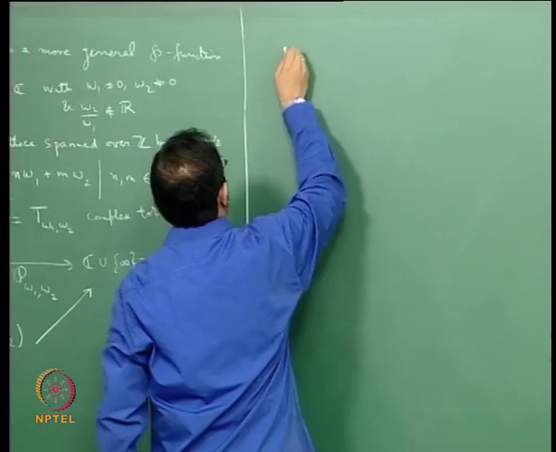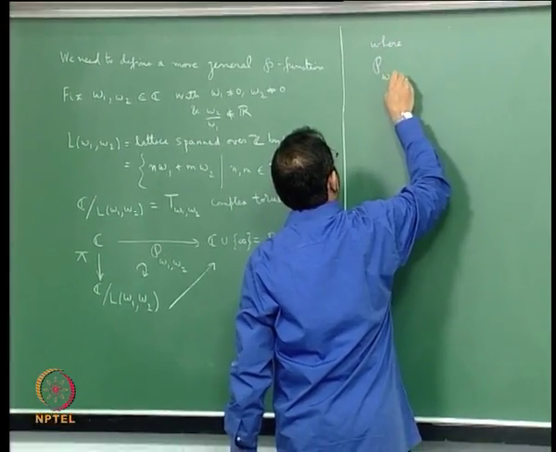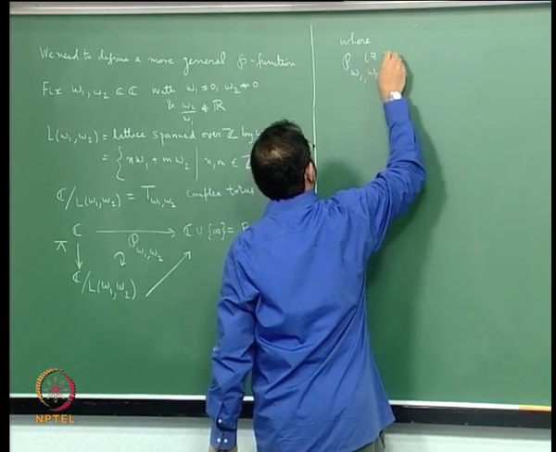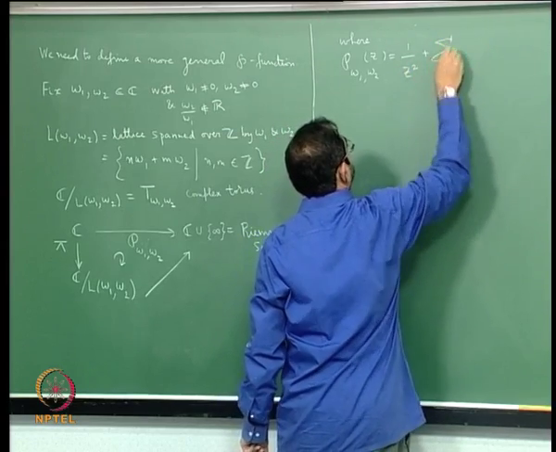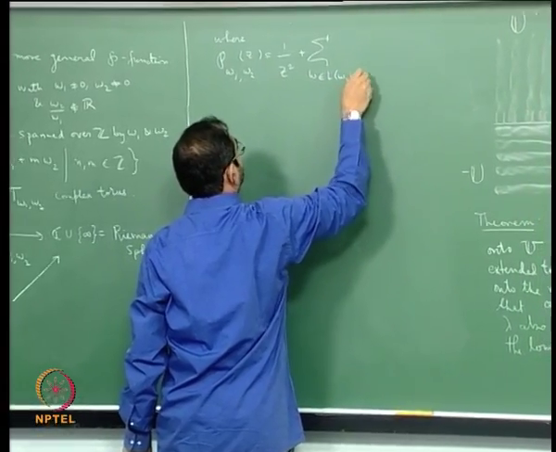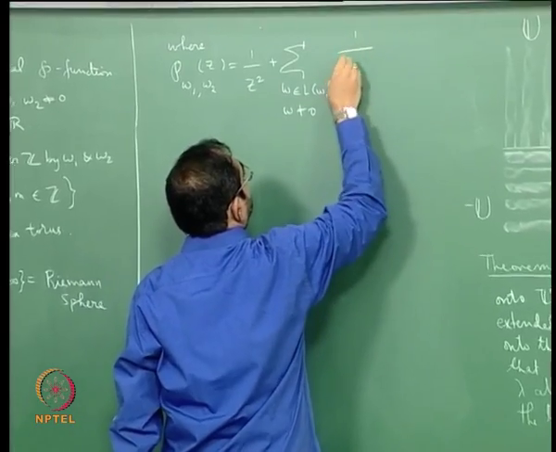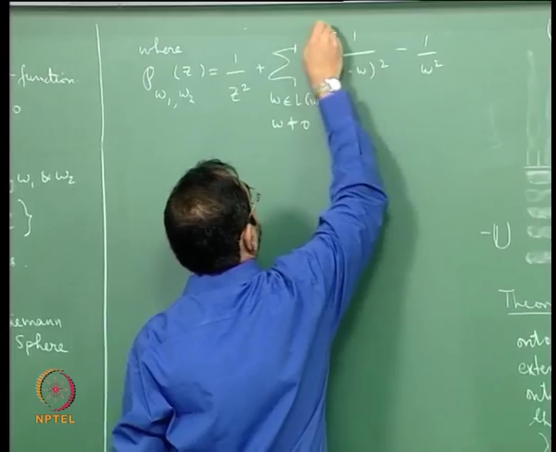So you see phi sub omega 1 comma omega 2 of z turns out to be 1 by z squared plus summation, omega varying over this lattice of omega 1 comma omega 2, omega not equal to 0, of 1 by (z minus omega) the whole squared minus 1 by omega squared.